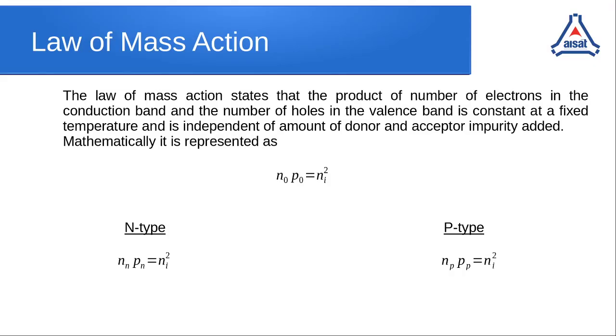We had stopped in our previous video with a mathematical representation being derived, and the mathematical representation goes like this: N0 P0 is equal to Ni square, where N0 is the number of electrons, P0 is the number of holes in a general semiconductor, and the product of these two is equal to the square of the number of electrons in an intrinsic semiconductor.